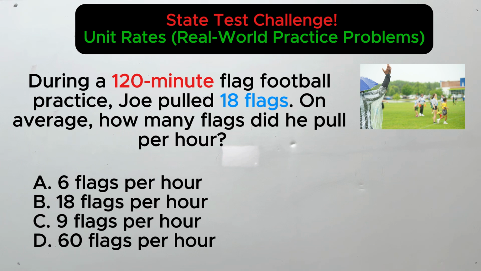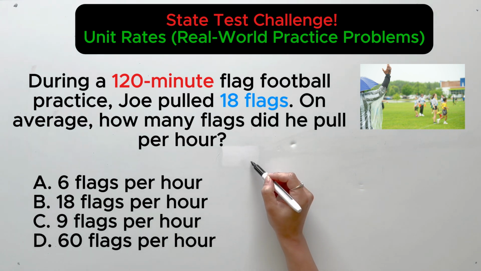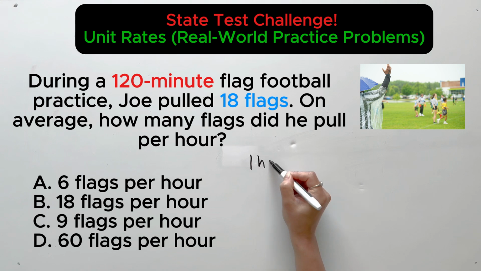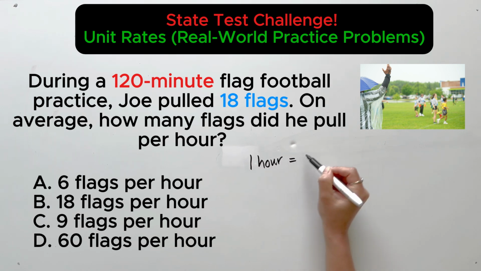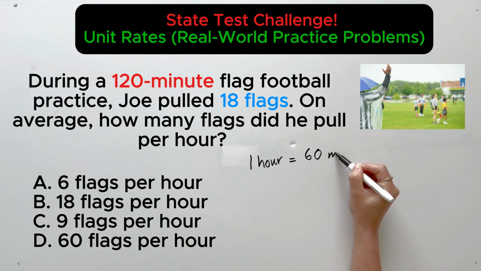As we know, it's given as 120 minutes and we want to find it in hours, so we have to convert minutes to hours. So we know 1 hour equals 60 minutes.